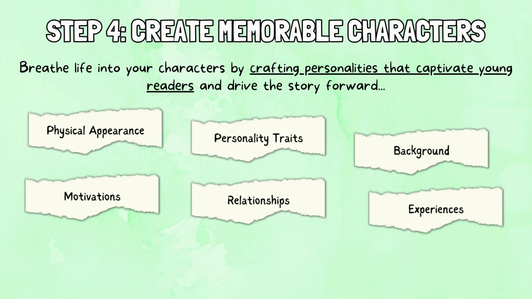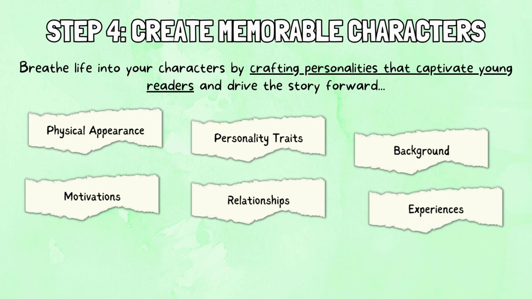Consider the dynamics between characters, whether it's friendships, family relationships, or other connections. As you create your characters, think about how their traits and experiences can resonate with the age group you've identified in step 1. Remember, memorable characters aren't always perfect. Their flaws and quirks are what make them relatable and endearing.